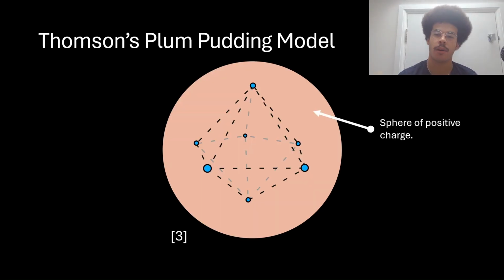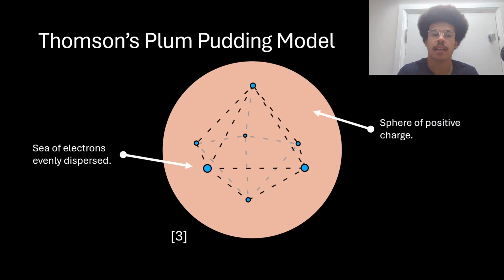The way it works is the pudding part is the large sphere in the exterior, and it's a sphere of positive charge. So this means that you have this huge kind of positive charge spread across this entire sphere, and then on the inside you have the plums, and these are electrons.